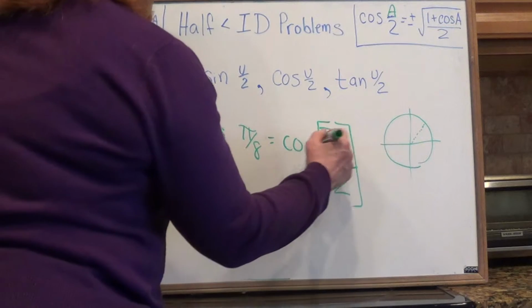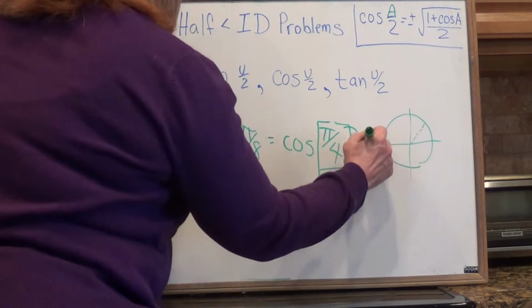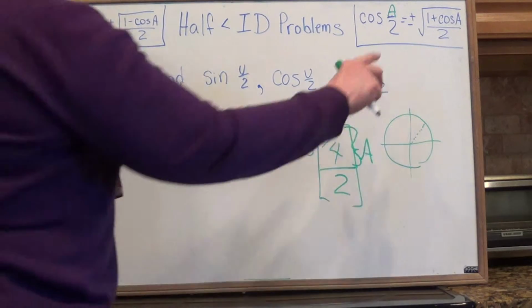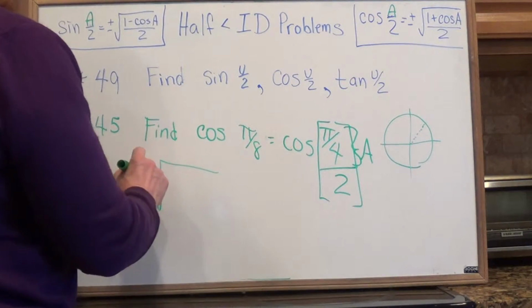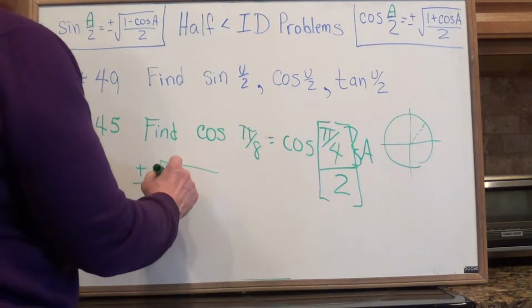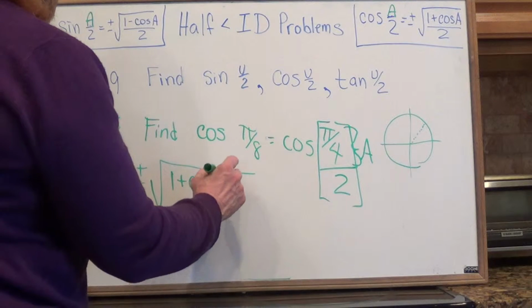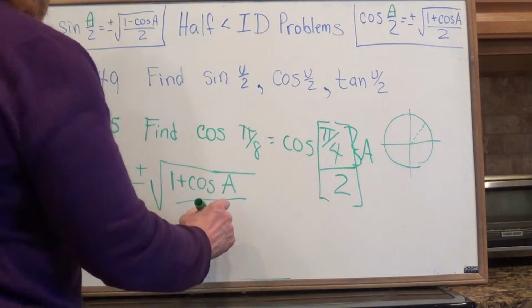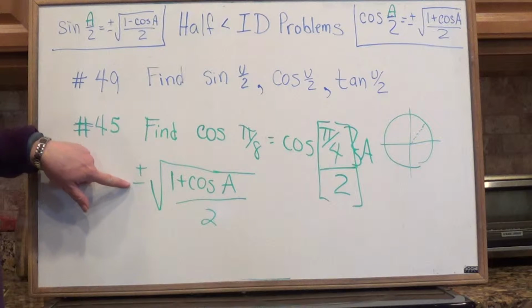So if this is cosine of a over 2, this must be the part A. We're going to use the formula, and it looks like this: plus or minus the square root of 1 plus cosine of a, over 2. Will we use plus or will we use minus?